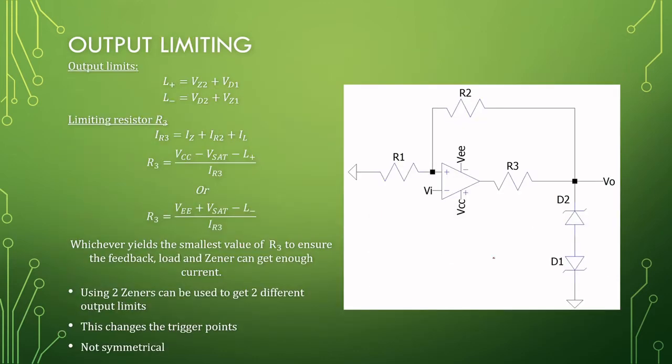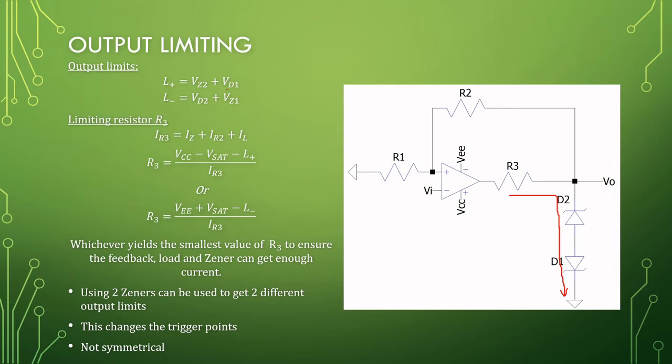So to do that and get VEE and VCC out of the loop here, we can limit our output using Zeners. Okay, so for a positive output, we will see the Zener voltage of diode 2 and diode 1 will be a diode voltage.